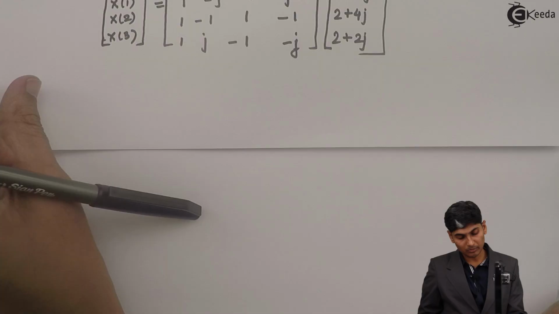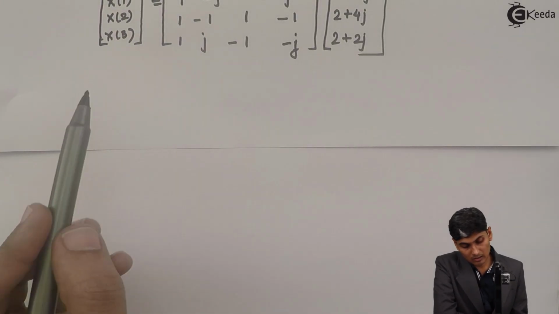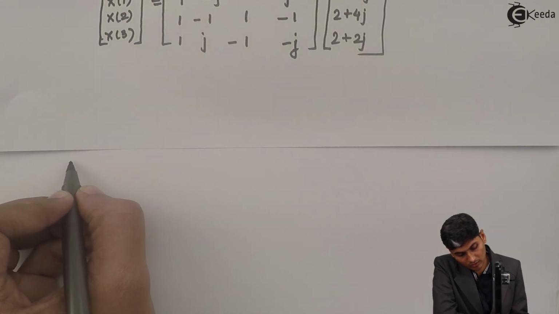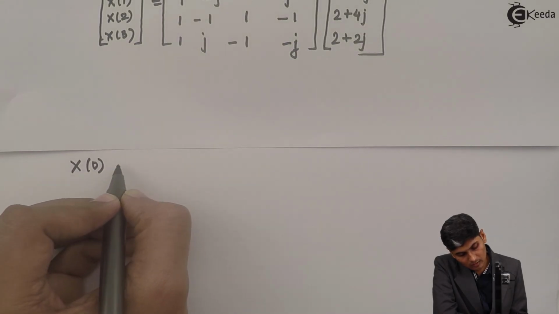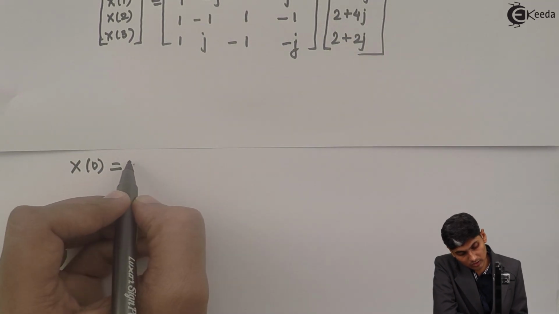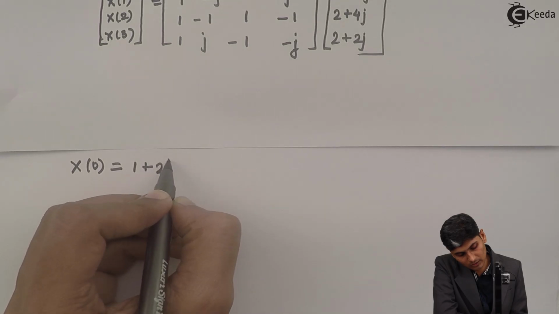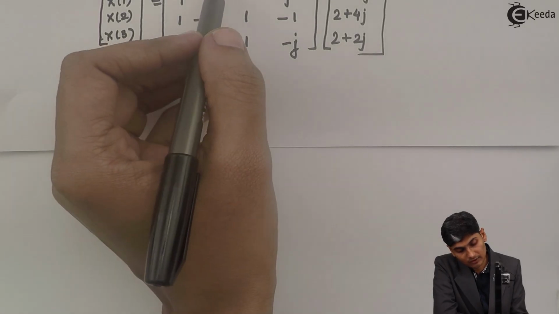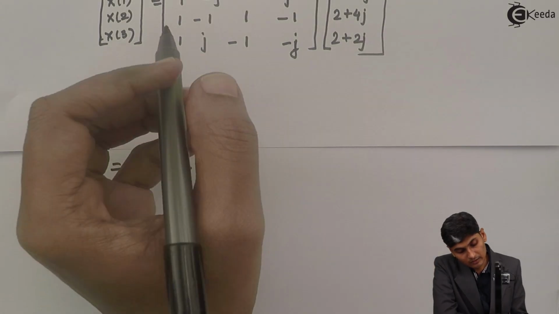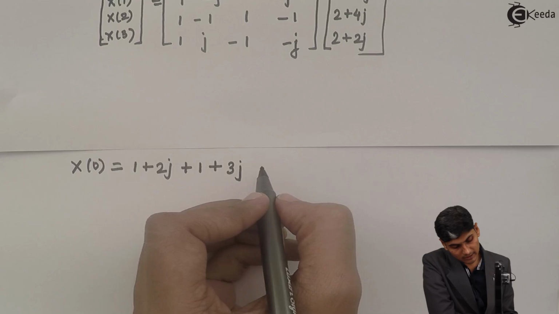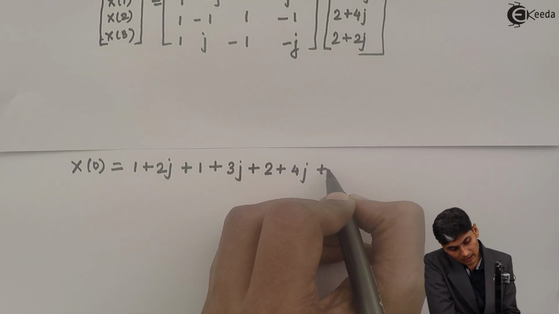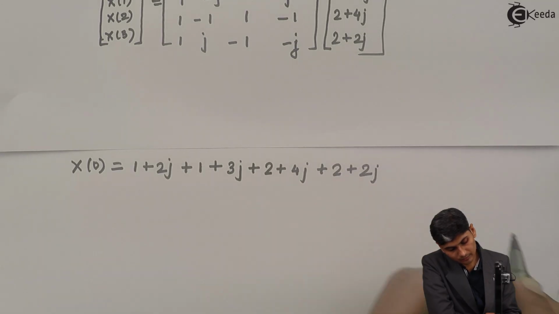The matrix multiplication will give me the row multiplied by the column. So X of 0 will be the first row times the column. I'll get 1 plus 2j plus 1 plus 3j plus 2 plus 4j, and then lastly 2 plus 2j.